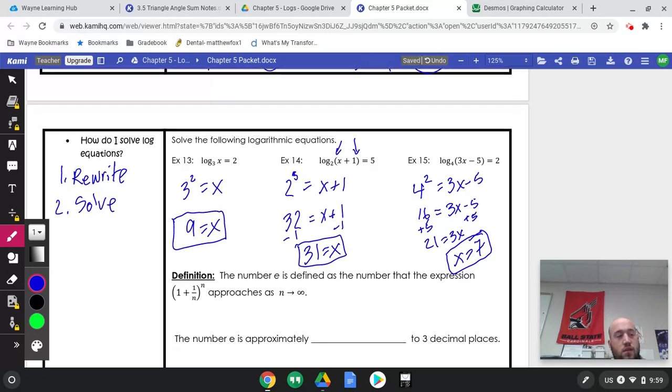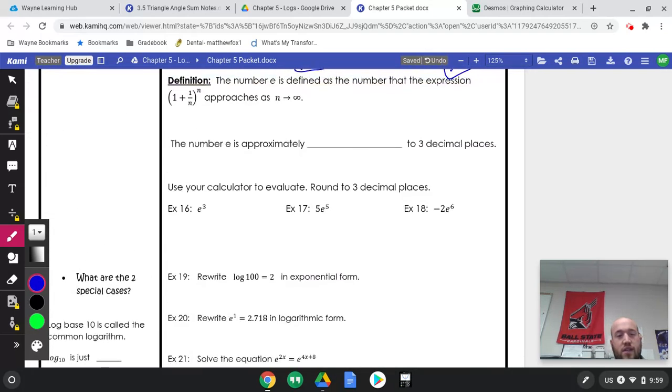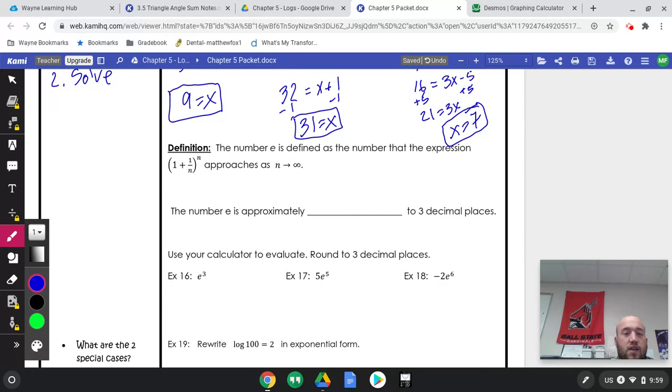All right. Now, the next thing we're going to talk about is the number e. Now, this number, it's defined here by this expression: 1 plus 1 over n, raised to the nth, as n approaches infinity. As n gets bigger and bigger, this answer will get us closer and closer to our value of e.